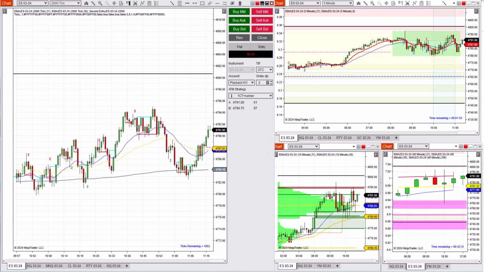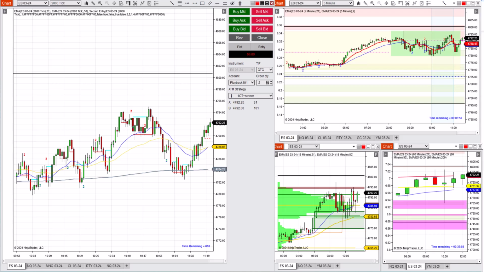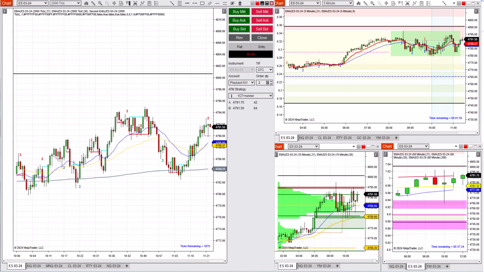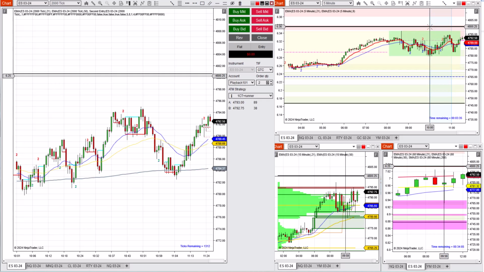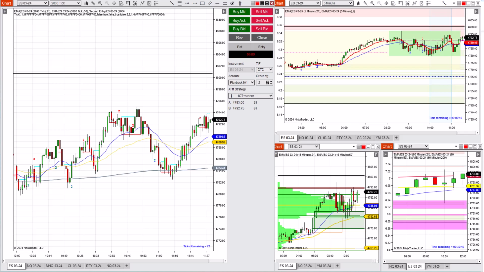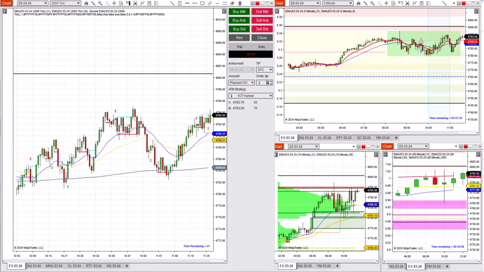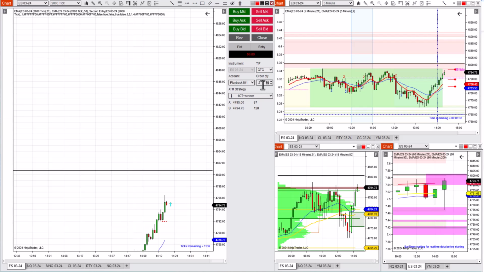All right, so we're going to move forward to get to the point where we need to catch price close to this area of importance, which is the high of the previous day or the low. Now it appears that price starts to make a move above as if it wants to go there.